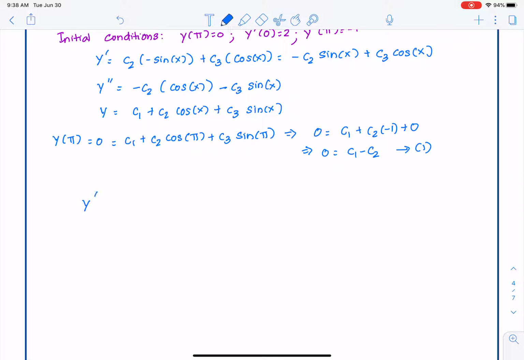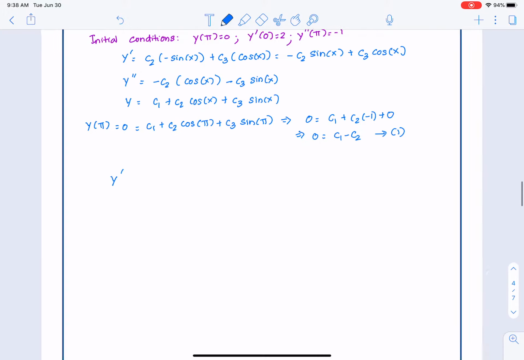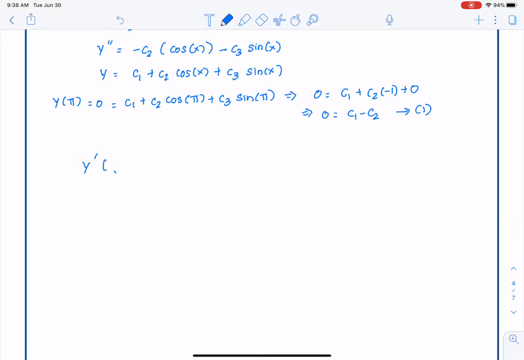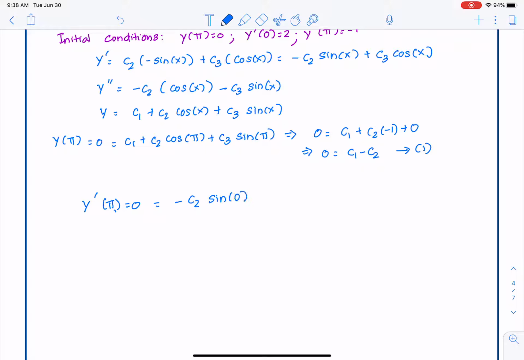Y prime of pi is 0. I actually plugged it in the wrong derivative, so you've got to be careful. So negative c2 times sine of 0 plus c3 times cosine of 0 would equal 0, which would imply 0 plus cosine of 0 is 1, c3 equals 0, which would imply c3 is simply 0.